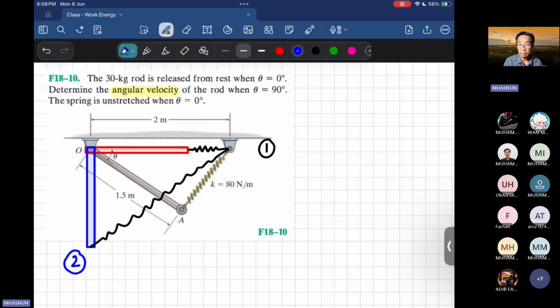When we read the question, you should visualize the initial position as well as the final position of the object. And there is another clue here. It says the spring is unstretched when theta equals 0. So at position number 1, this is the original length of the spring. And then the next step is we need to draw the free body diagram.